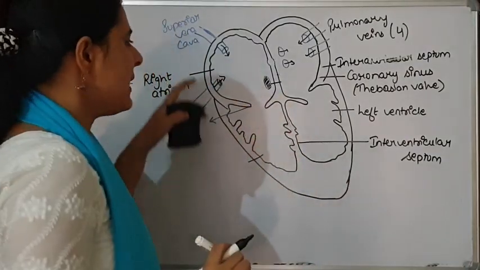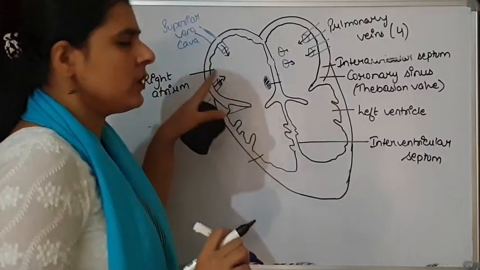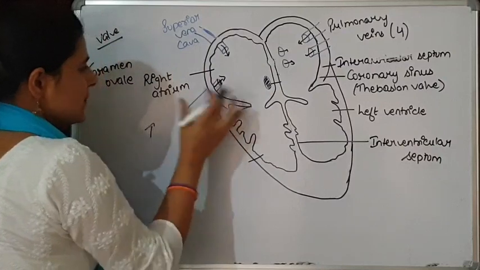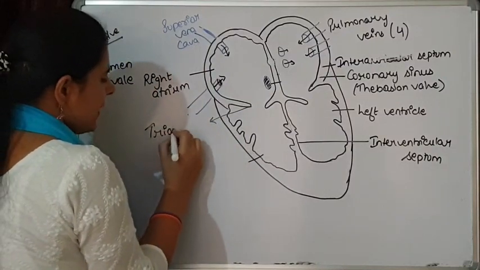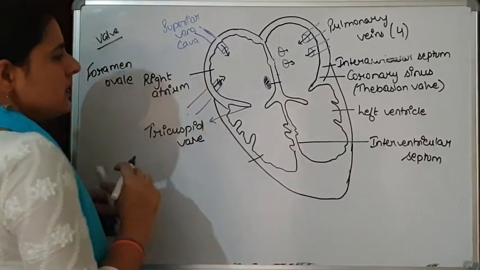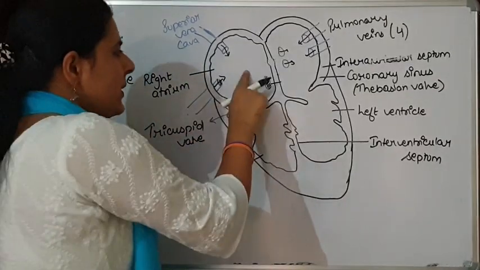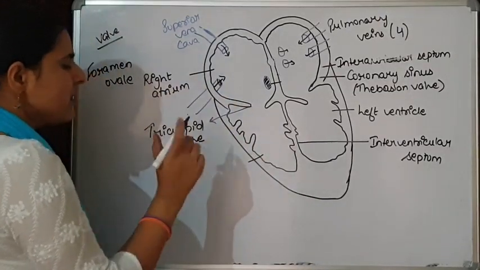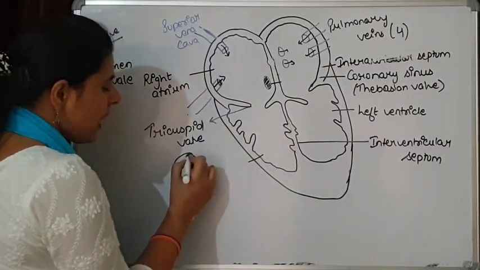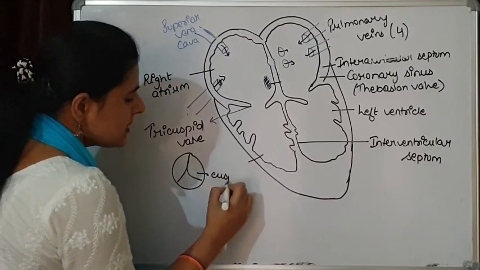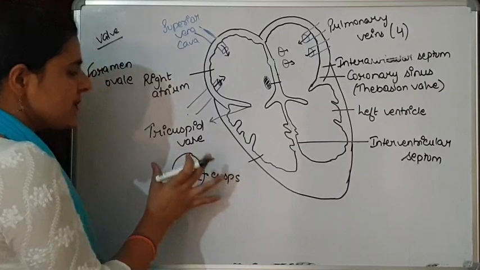That's why it is known as the atrioventricular valve. The one present on the right side is the tricuspid valve. This is the valve that is present between the right atrium and right ventricle. It is known as the tricuspid valve because this valve has 3 flaps, and these flaps are known as cusps. So 3 cusps are there.